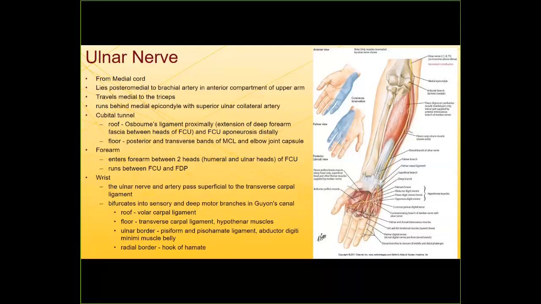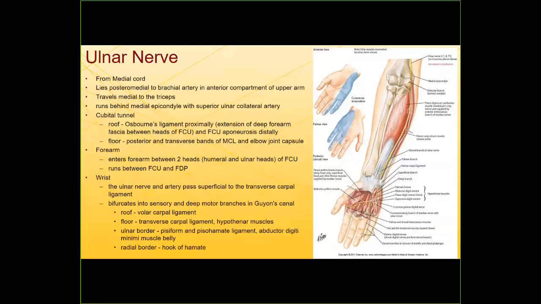It stays in the anterior compartment of the upper arm, and it travels basically medial to the triceps. Okay, so it travels right through here near the triceps, but medial to them. And then it's going to go behind the medial epicondyle through what we would call the cubital tunnel.